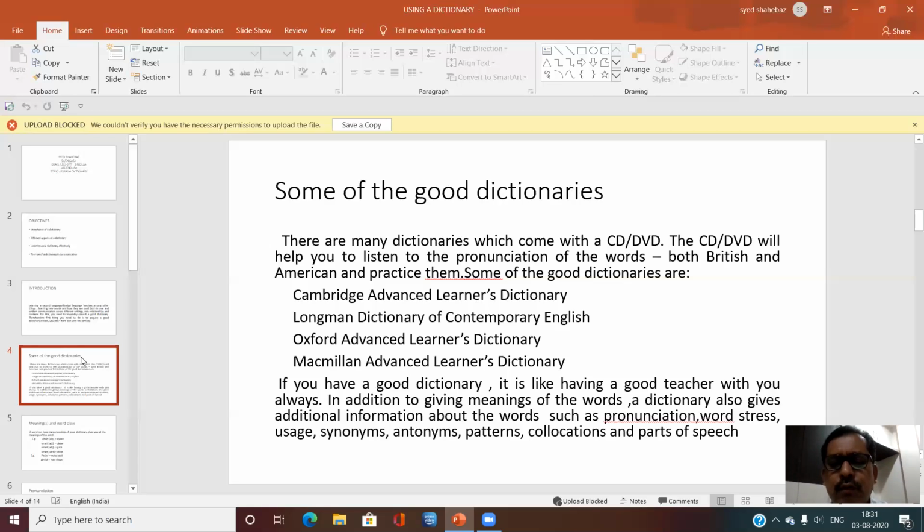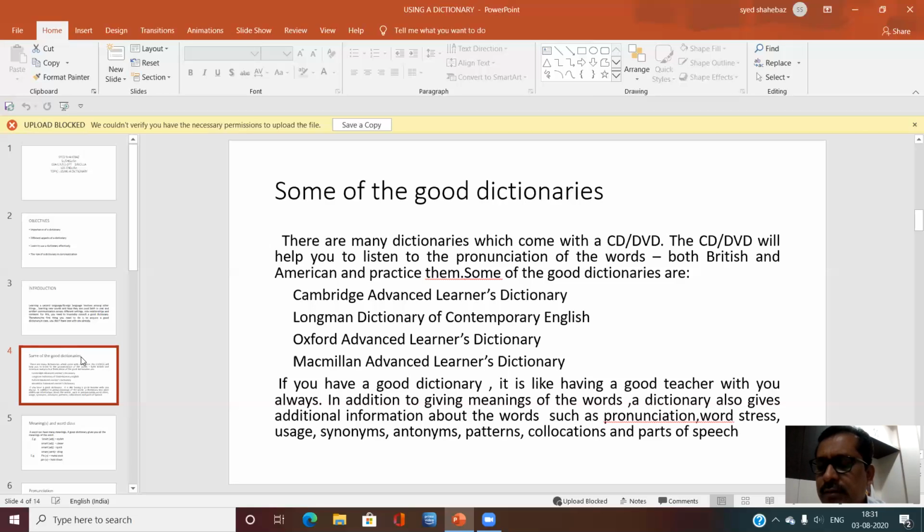Next, we will have patterns in the dictionary. Different patterns, different structures are given. Basic structures are given in the standard dictionaries.